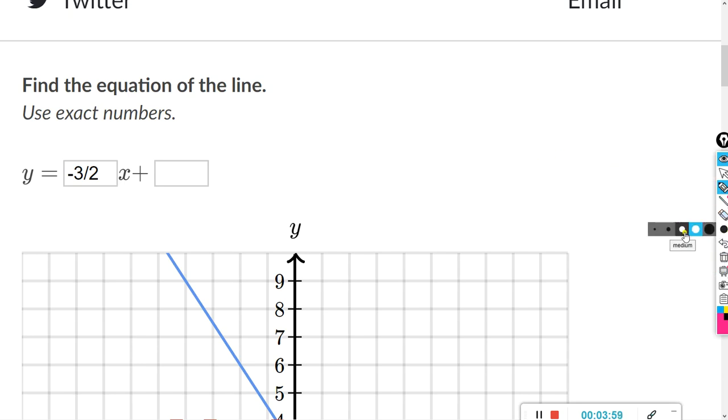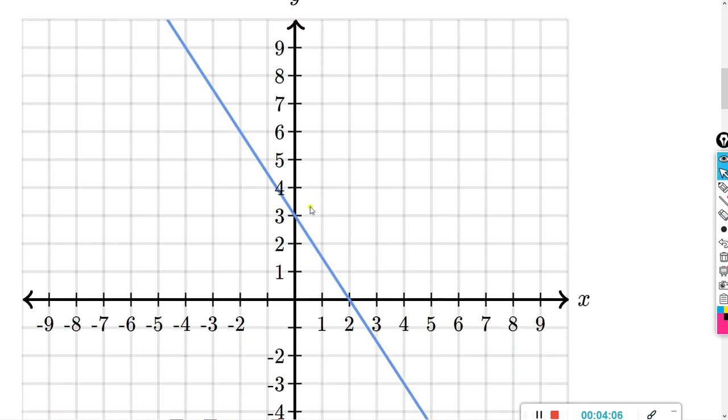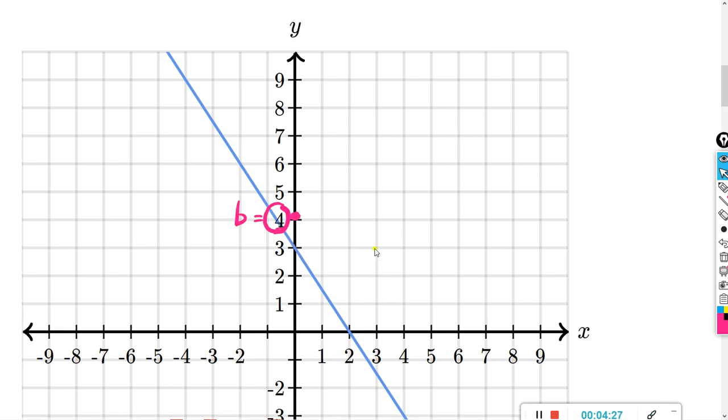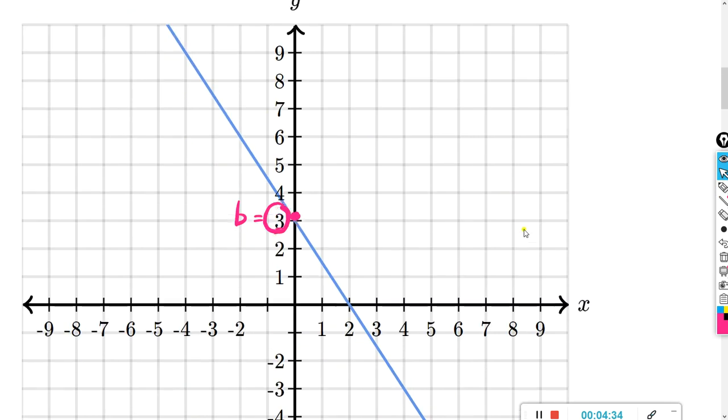Now if we go to our graph, this up, down, or vertical is the y-axis, and we can see right here is where the line crosses the y-axis, this point right here. So that is the value for b, and clearly we can see that b is going to be 3. It's that point right there. So again, just click inside the box and type 3. This one is m, and this one is b.